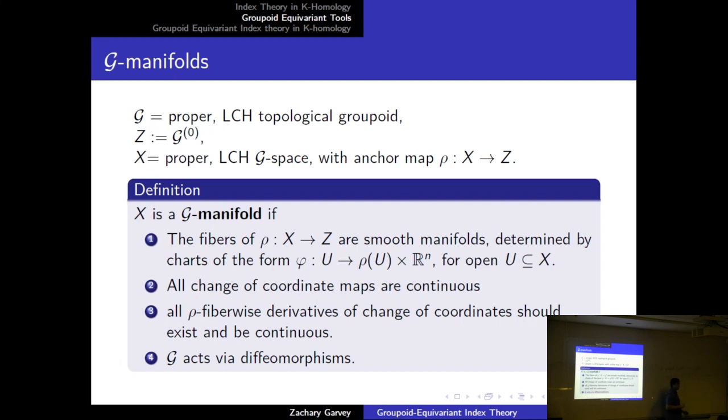We're also going to be dealing with proper G spaces. Okay, so X is a proper locally compact Hausdorff G space with an anchor map. So a G space is proper if the action groupoid is a proper groupoid.